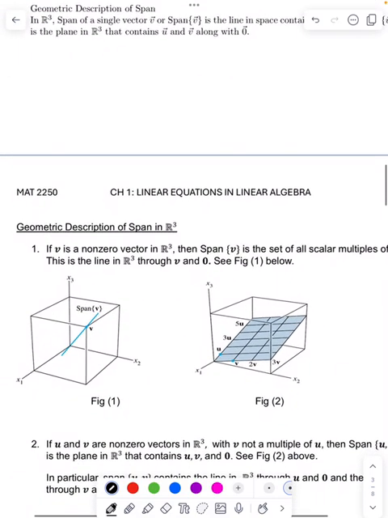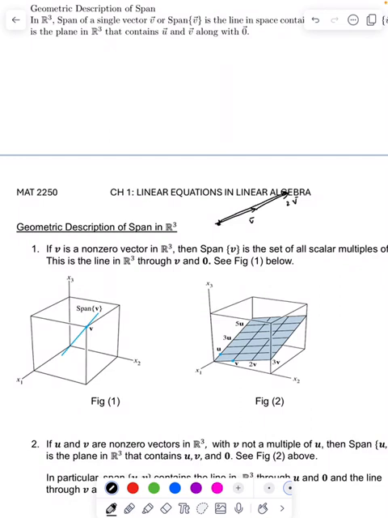If we have only the vector v, then for all the linear combinations of v, well, there is no other vector, so we cannot combine it with another one. We can combine it with itself. For example, we can have 2v, counted from here up till here.